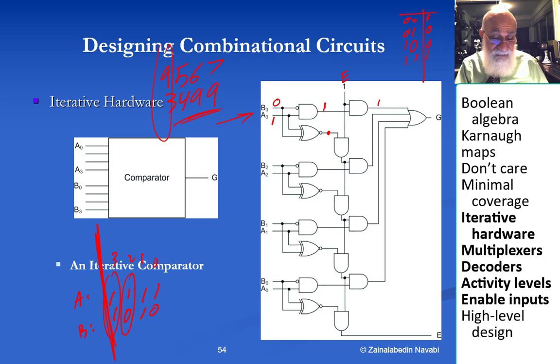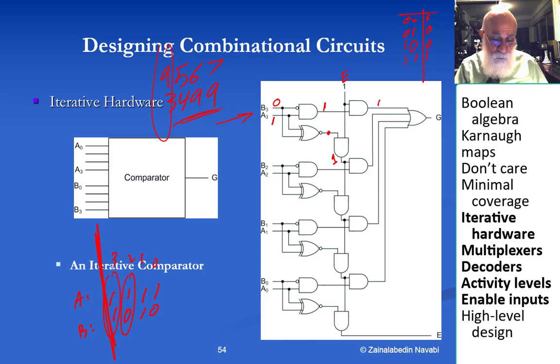Before that, I had decided that A and B are equal also. So if these bits are equal, and a 1 is coming from the outside, it means that so far my decision is 1. That means these two are equal.